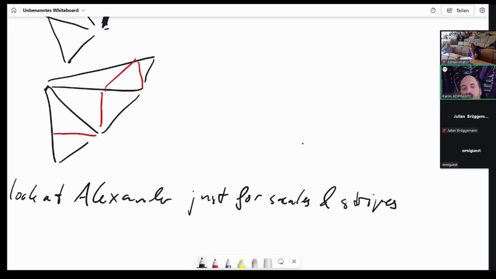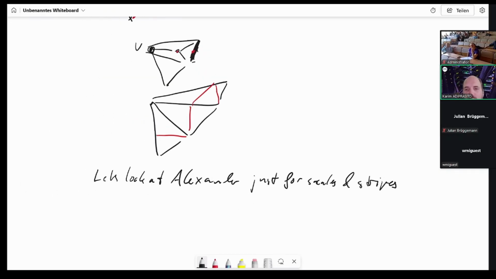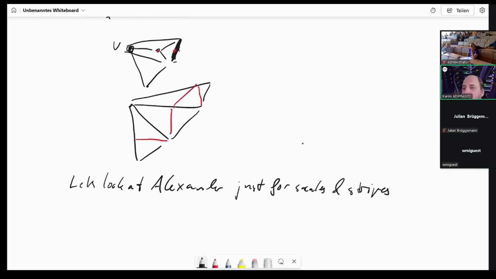You can reduce it essentially to this case. If I have time at the end, I will try to explain it a little bit, but that's the essence. So let's just look at scaled fins and stripes, and notice that this is very similar to stars and stripes, but I'm not patriotic at all. I'm not even American.